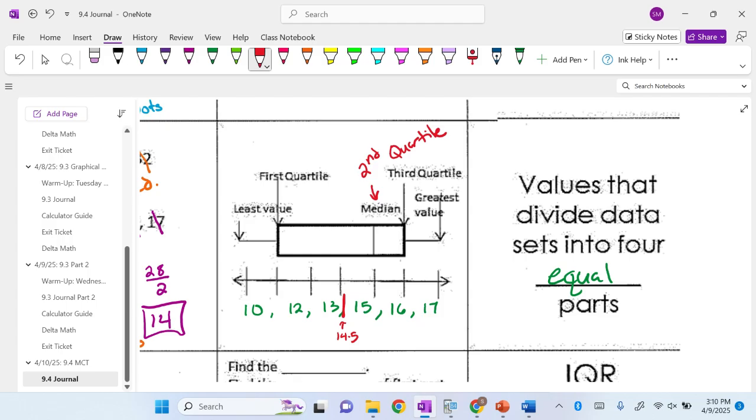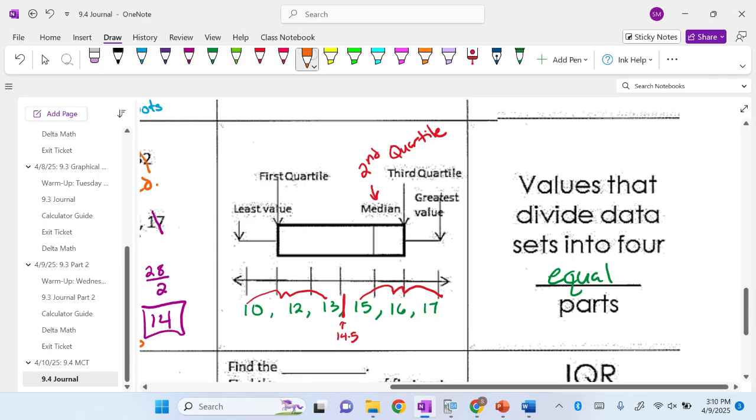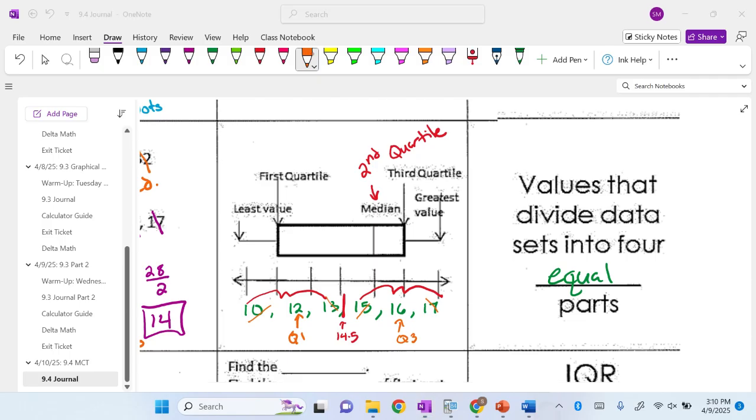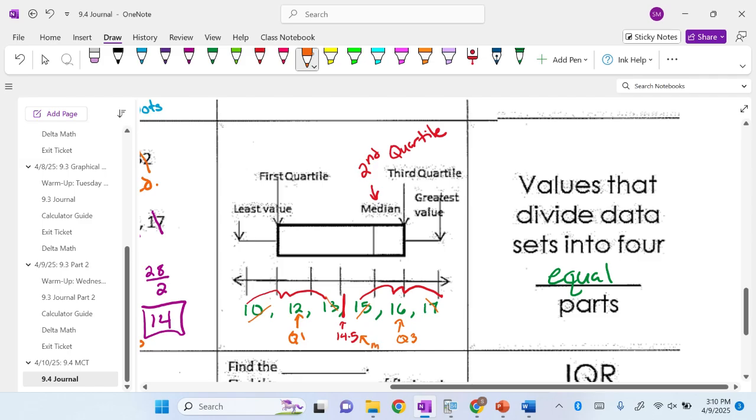Now, we then got to find the first quartile, which is the median of the left side or the lower side, and then the third quartile, which is the median or center of the right side. So I'm going to cross out on the left. So 12 is my first quartile. I'm going to cross out on the right. 16 is my third quartile, my bad. And of course, 14.5 is my median.